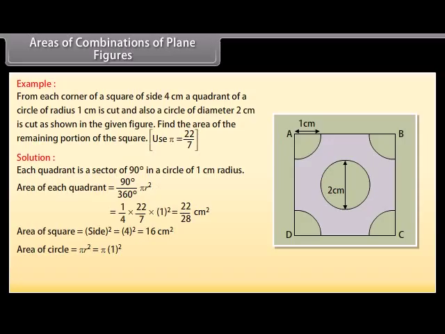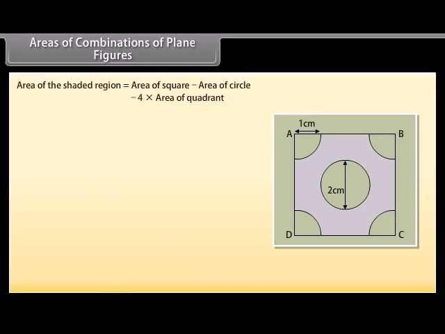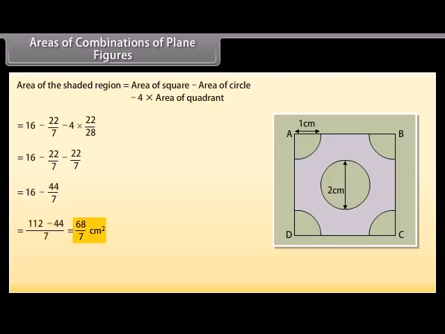Area of circle is equal to pi r square equals pi into 1 square, which is 22/7 centimeters square. Area of the shaded region is equal to area of square minus area of circle minus 4 into area of quadrant. Now, by substitution and calculation of the values, we get the area of the shaded region as 68/7 centimeters square.